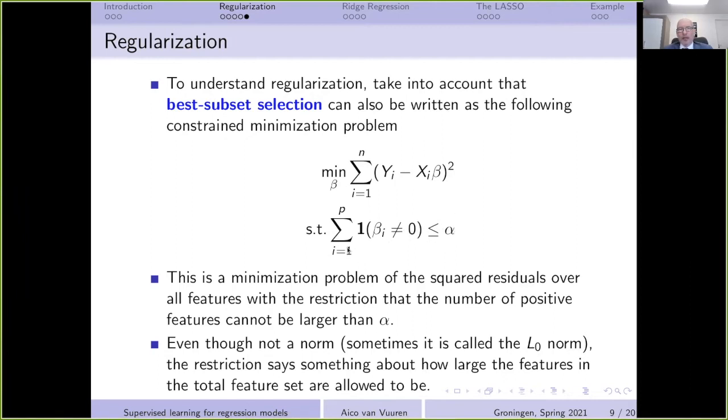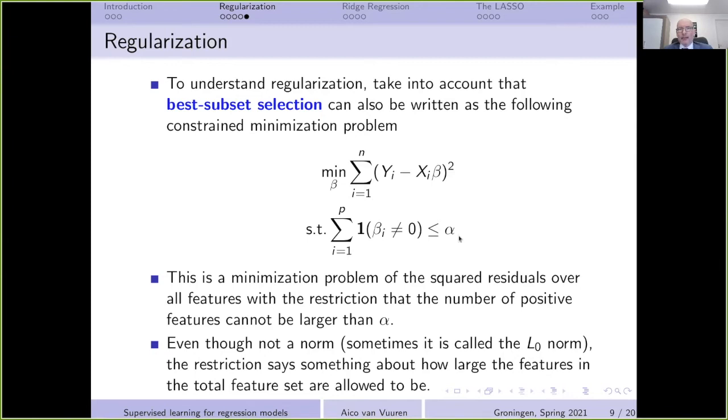Because what I do over here is sum over all the different features, and count the number of features that have a beta coefficient different from 0. And now what I'm going to say is that the number of beta coefficients that cannot be equal to 0 cannot be larger than this alpha that we have over here.